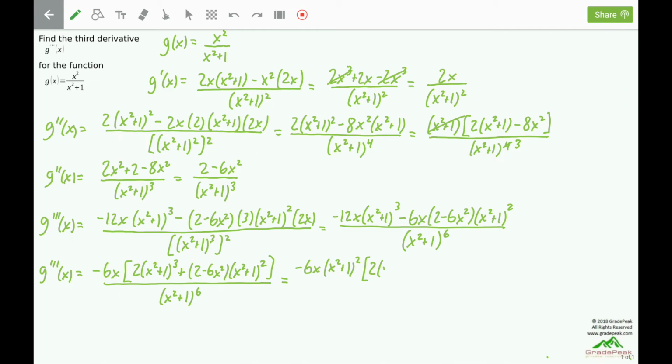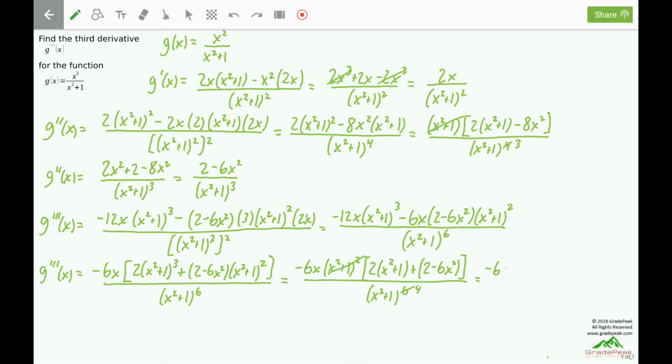If I factor out a power of 2, I will take away 2 of the 3 in the first term, and I will take away both of them from the second term, leaving us with just the 2 minus 6x squared. Over that denominator. Now that we've factored that out, I can cancel those 2 with 2 of them in the denominator, which brings our denominator to the 4th power as expected.